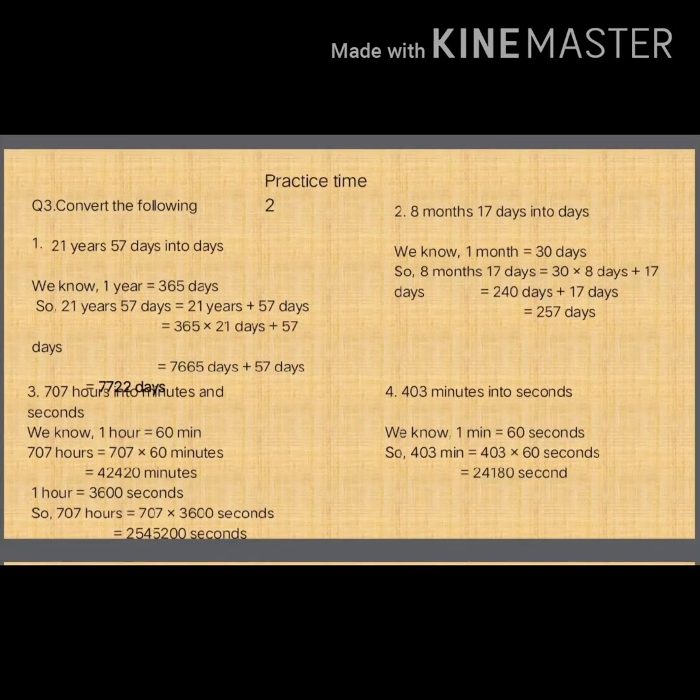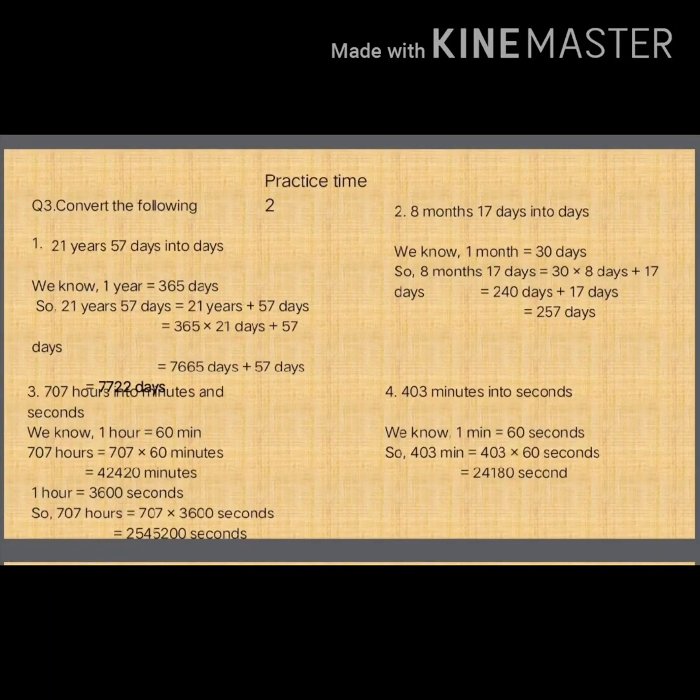First we will convert 707 into minutes. So as we know, 1 hour has 60 minutes. So I will first multiply 707 by 60. Or in the other way round, we also know that 1 hour is 3600 seconds.